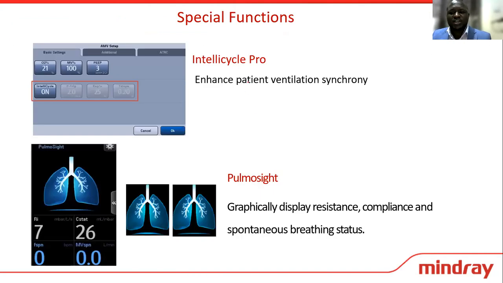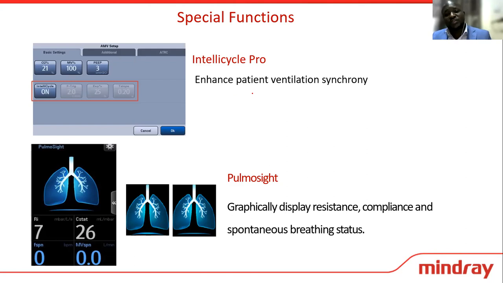On the special functions, we have the IntelliCycle Pro, as I had alluded earlier. You find patients normally fight with the ventilator. And in most occasions, you'll find the anesthesiologist or the intensivist having a machine that is not able to synchronize well with the patient. They don't have any other option.